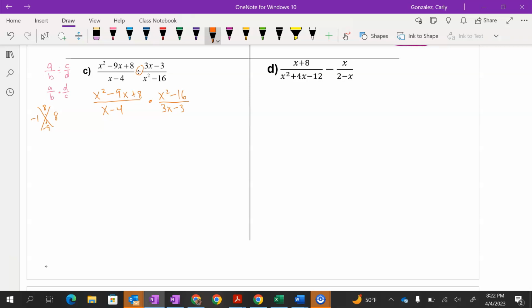So if they're both negative -1 and -8, then when we multiply them, we get a +8, but when we add them, we get a -9. So the top left will factor into x minus 1 times x minus 8. The bottom left is not factorable.